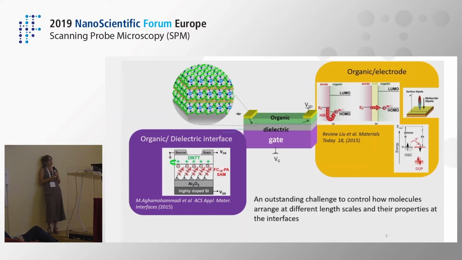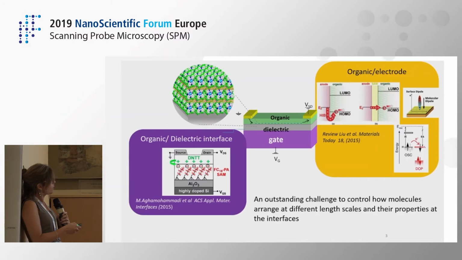And one common strategy used for many years is to use self-assembled monolayers to modify these properties, to control the threshold voltage of the organic field effect transistors, and even to dope this transport channel. This we show in this publication. The other critical interface is the electrode, because this determines the injection properties in the device.